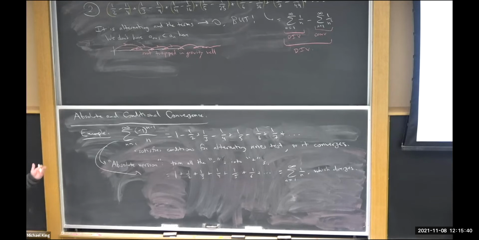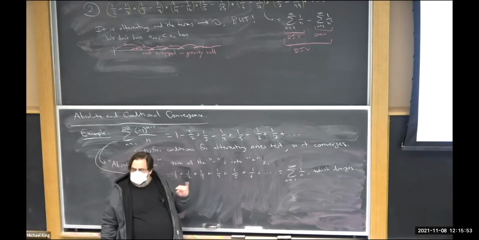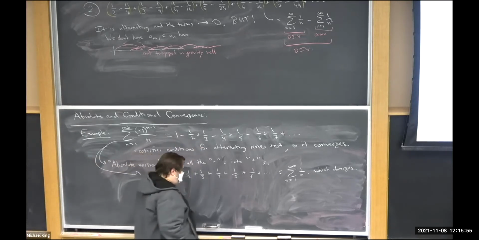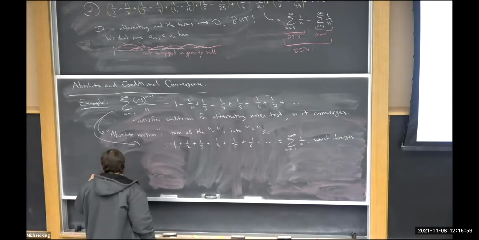But if you make some of them minus, then some of the terms will be bouncing backwards. And especially if you make them alternate like this, then you get trapped in the gravity well and it converges. So I guess what I'm saying is, this is sort of a fact or a theorem.